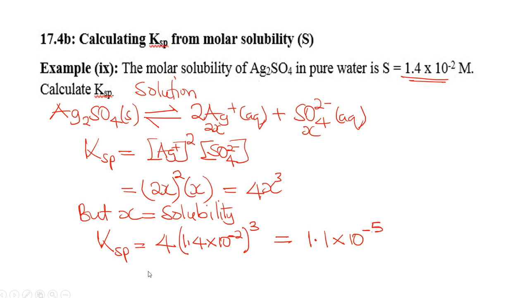So the KSP of Ag2SO4 is equal to 1.1 times 10 to the power negative 5. That's how we determine the KSP when given molar solubility.